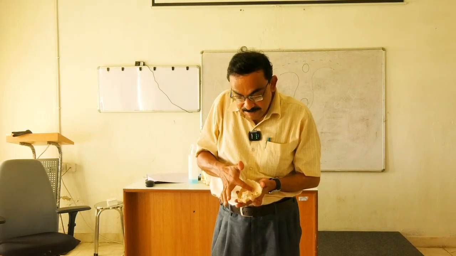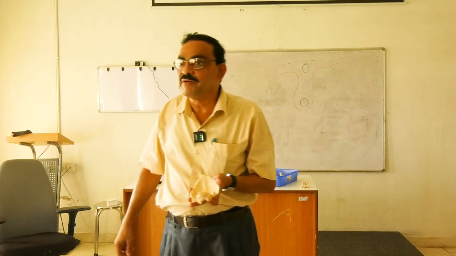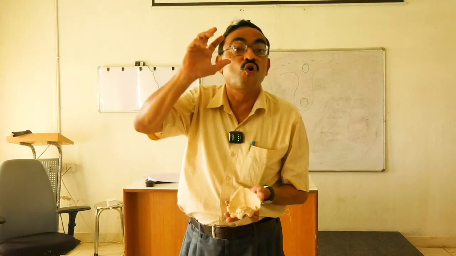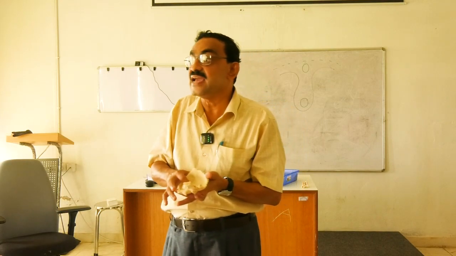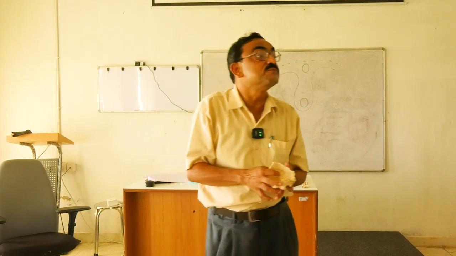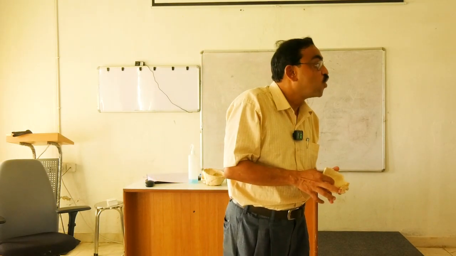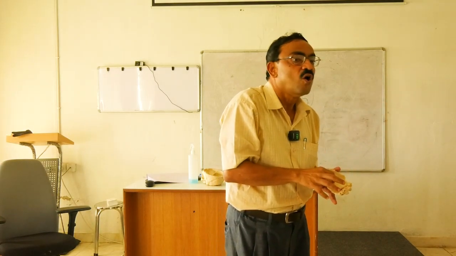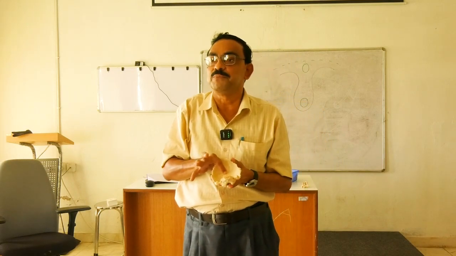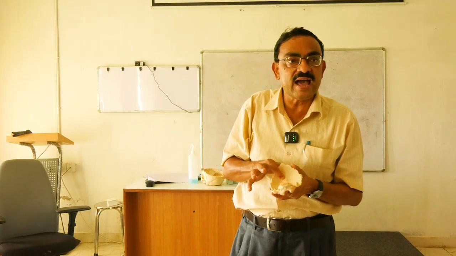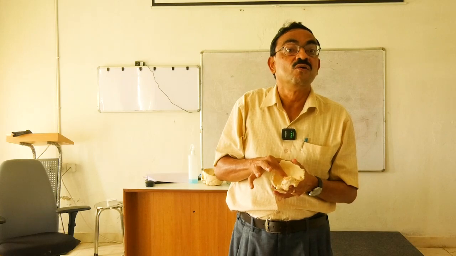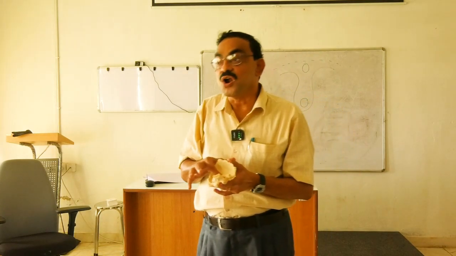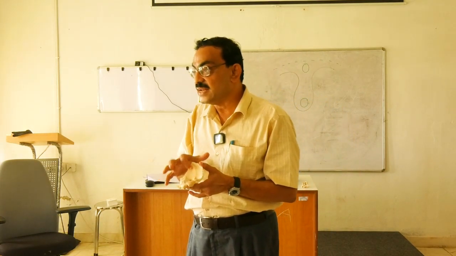There is a meeting point of several veins, and this area is called the confluence of sinuses. The internal occipital protuberance is the area where we get the confluence of sinuses.